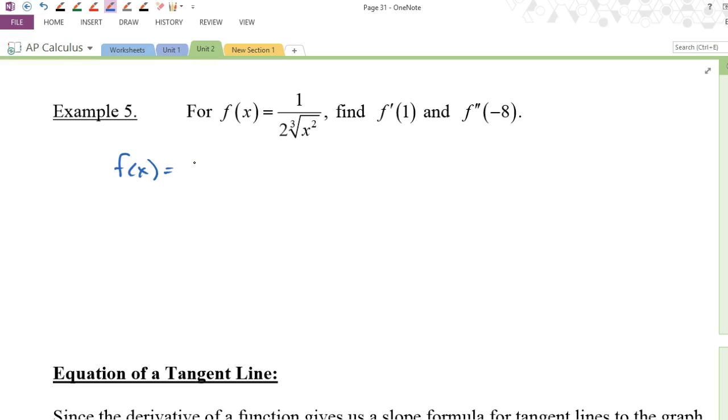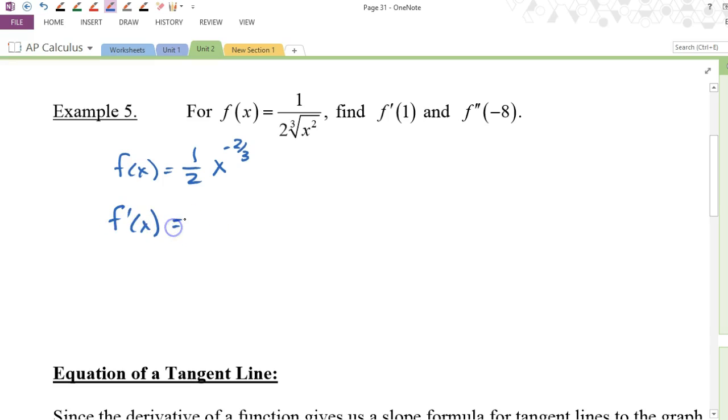What's my rewrite? 1/2 x. Very good. So remember the root goes on the denominator, exponent goes on top. Since I'm pulling it upstairs, it's going to turn negative. -2/3. Very nice.